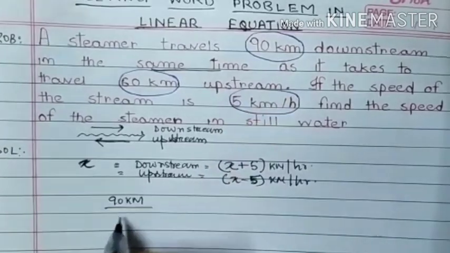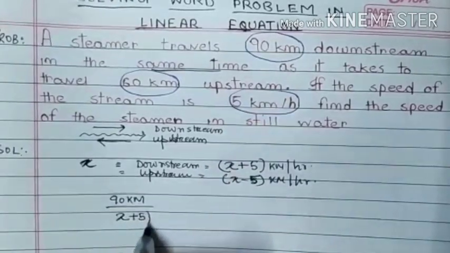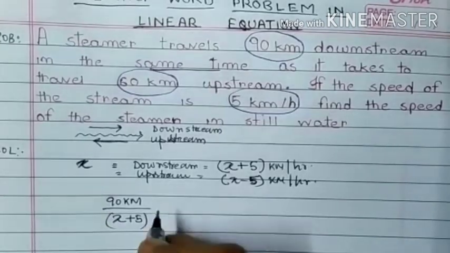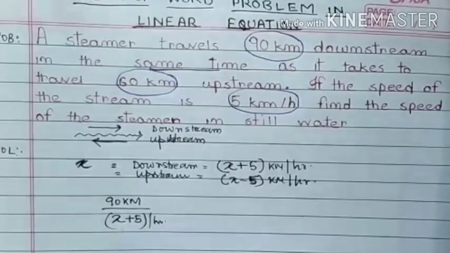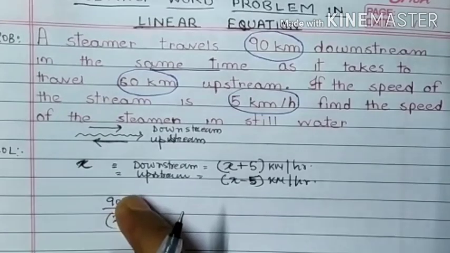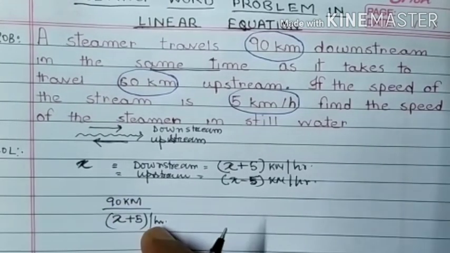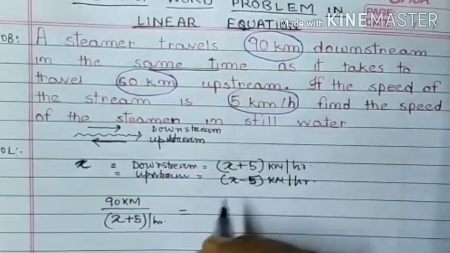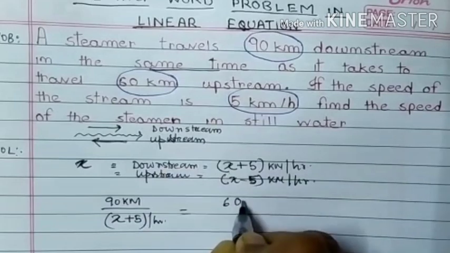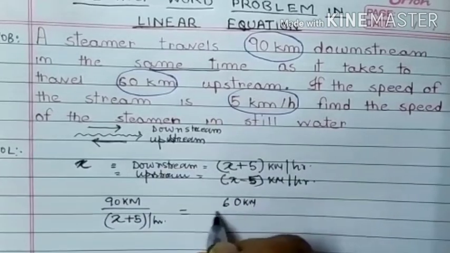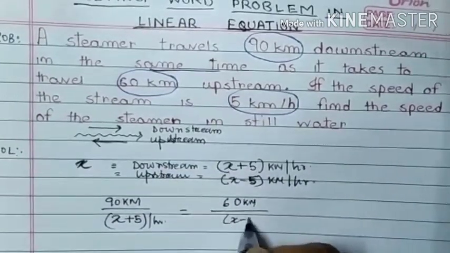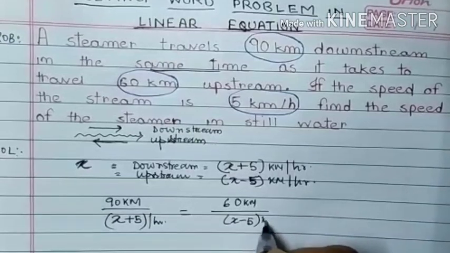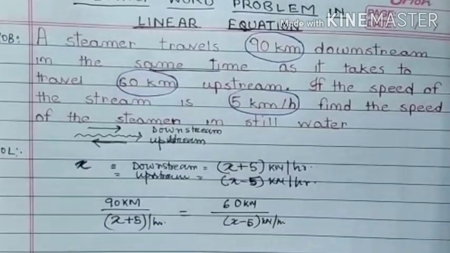Downstream speed is x plus 5, so in 1 hour they go x plus 5 km. How much time will it take to travel 90 km? This is the time, and it will be equal to the time for 60 km at x minus 5 km per hour. Clear? This is the equation.